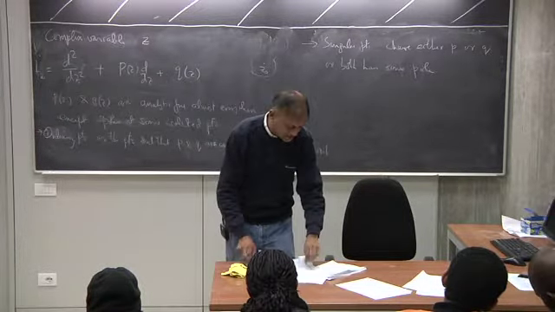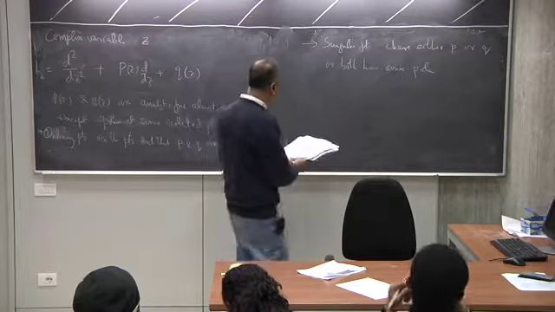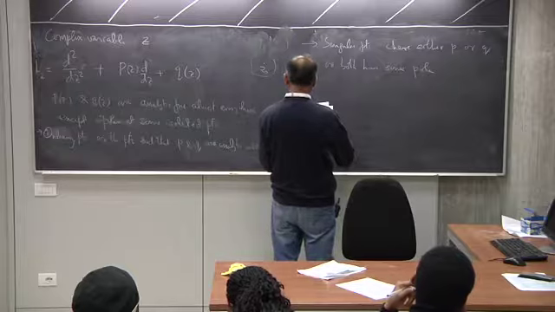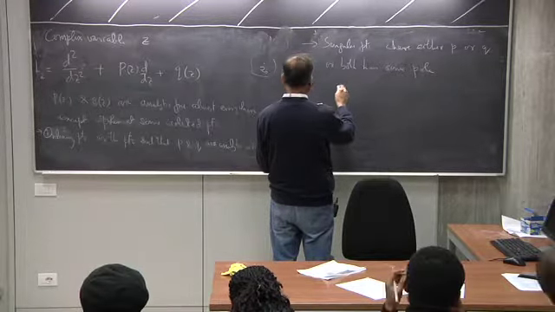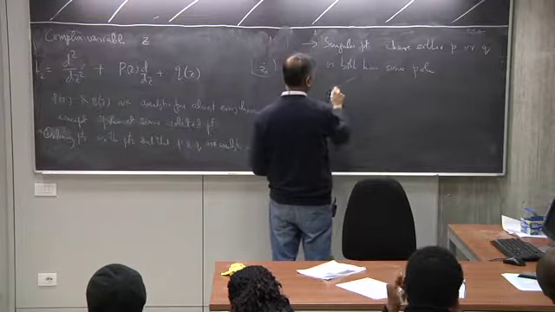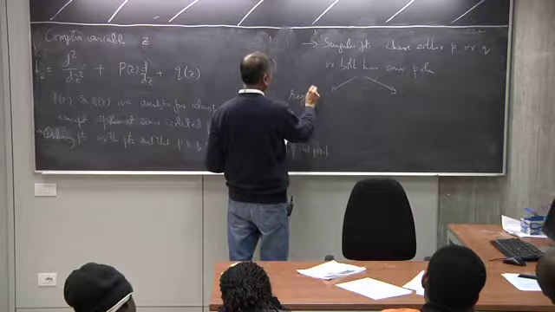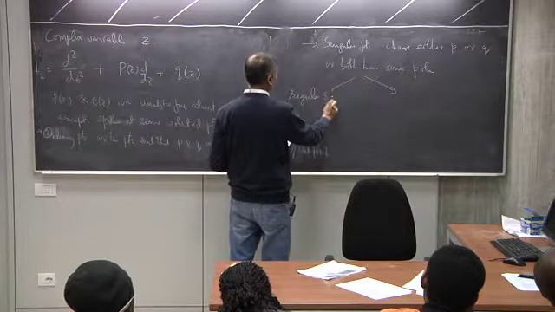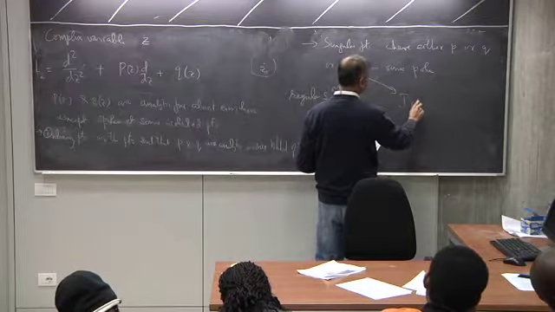The reason for this distinction is that the solutions are very different for those two types of singularities. One is called a regular singular point, and the other an irregular singular point.